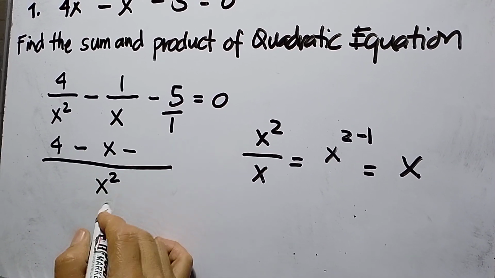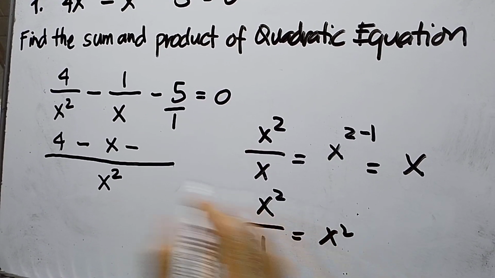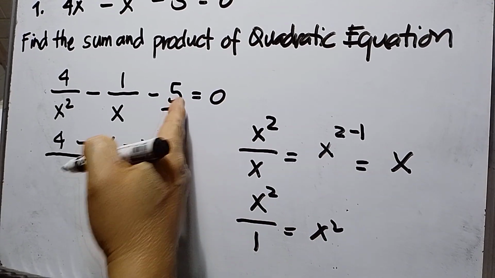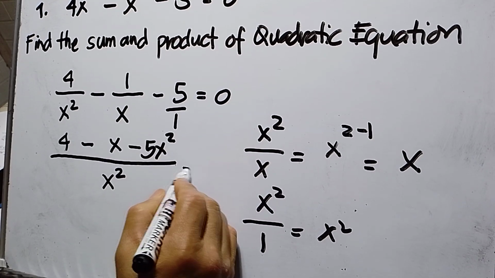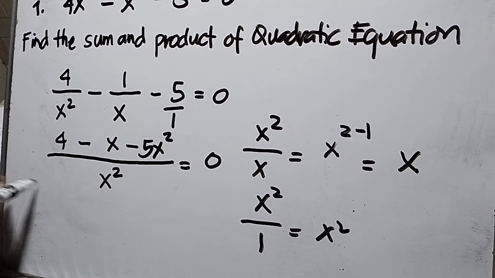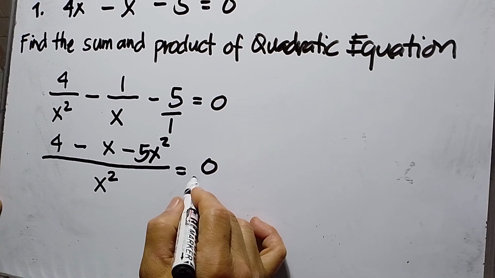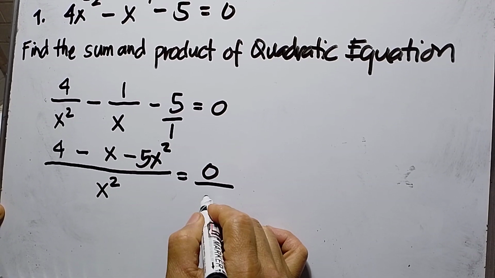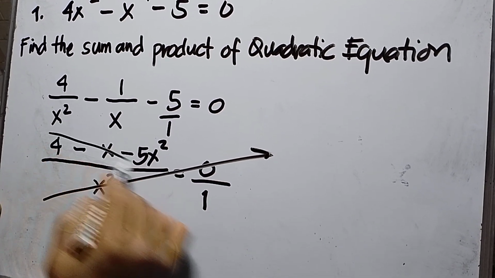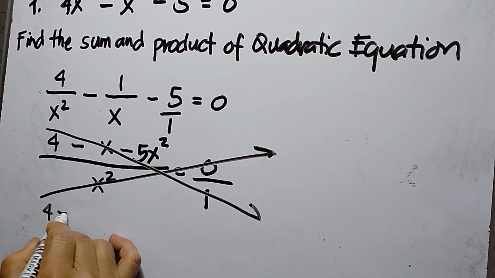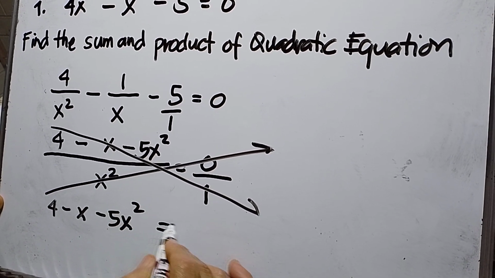And then minus x squared divided by 1, so it should be x squared times 5, so I have 5x squared, and then equal to 0. Since there is no denominator, I put 1, then cross multiply. So this will be 4 minus x minus 5x squared is equal to 0.